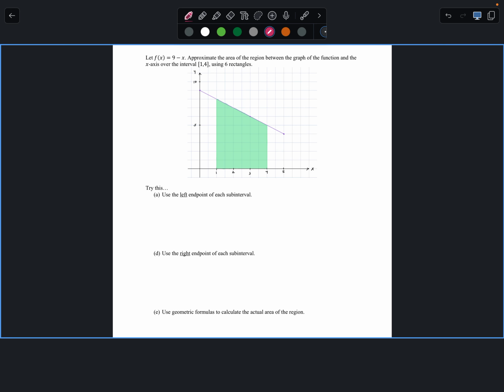Wait, no, it's the width. Oh, it is 1/2. No, wait, it's 1. No, it's 1/2. Wait, where'd you get 2 there? What is 4 divided by 6? It's because each one is 2.